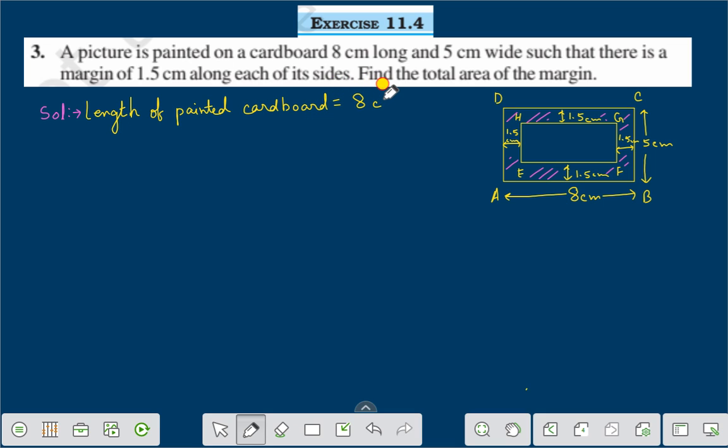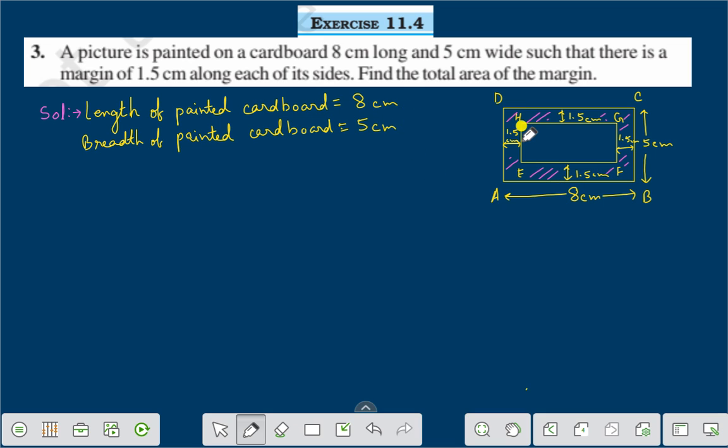And breadth of painted cardboard is equal to 5 centimeter.